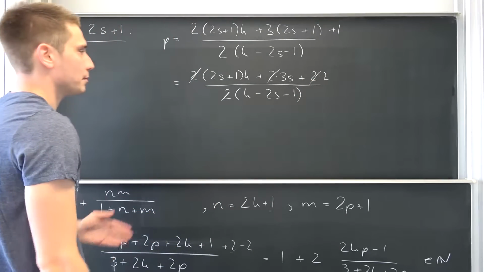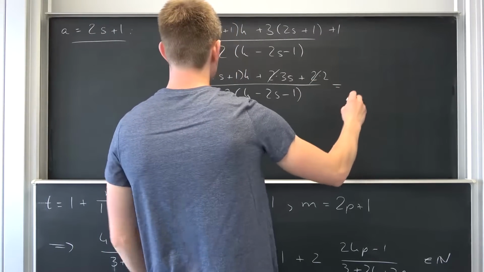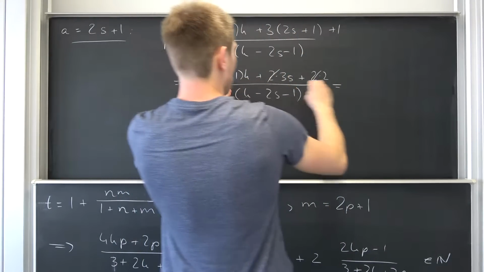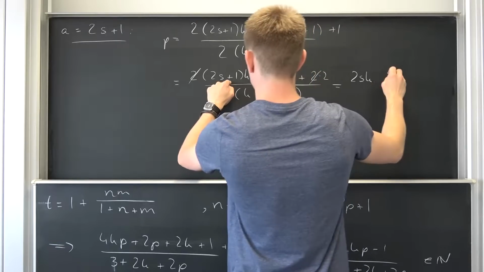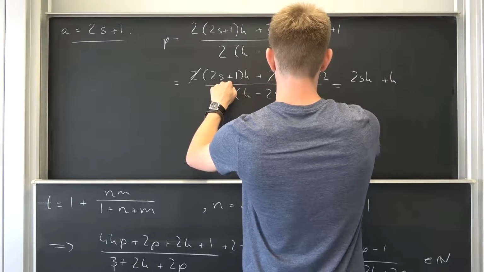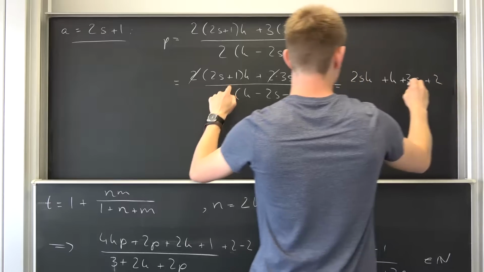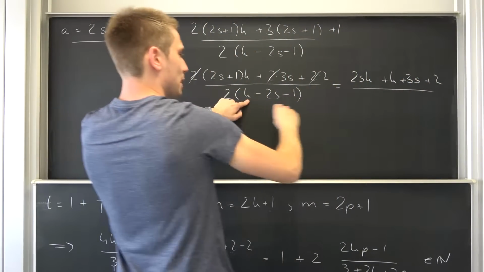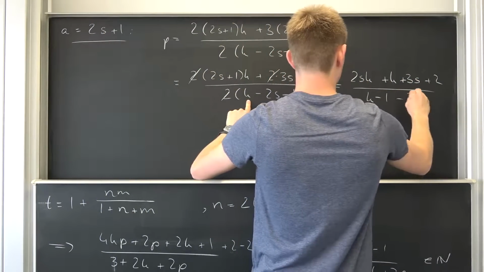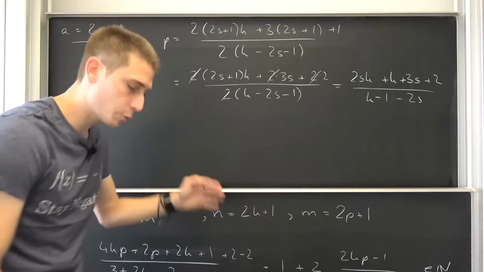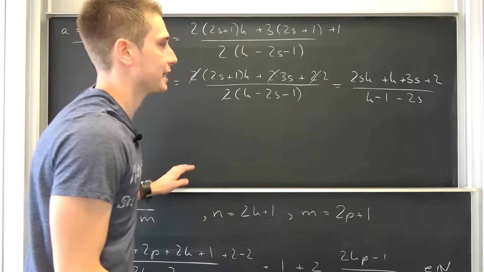This is really good. Meaning what we are going to be left with is the fraction 2S times K plus 3S plus 2 over K minus 1 minus 2 times S. And now we are going to look for a minimal solution yet again.